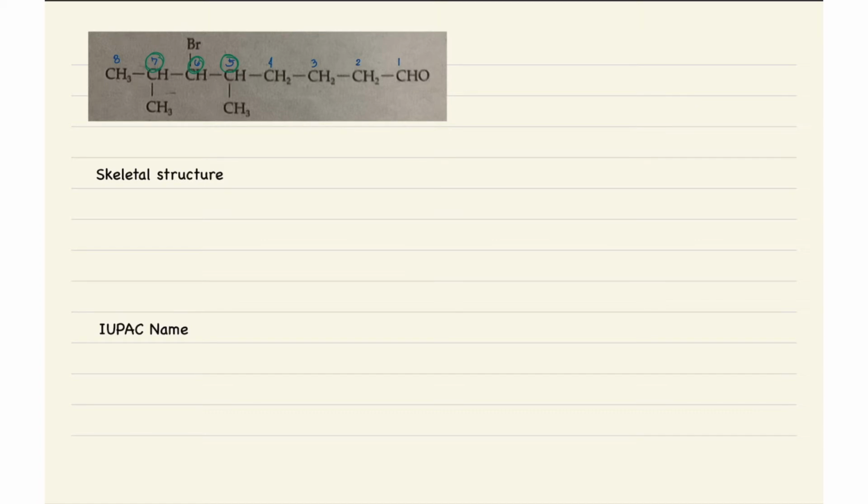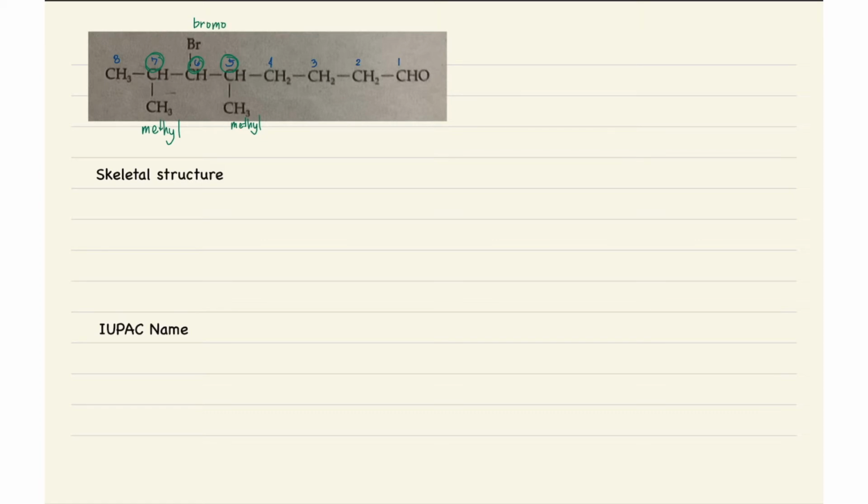At atoms number 5 and number 7, we have one carbon atom attached, with hydrogen also. So these two are considered methyl, because they are side chains. Then the next one, the Br, is considered as bromo.